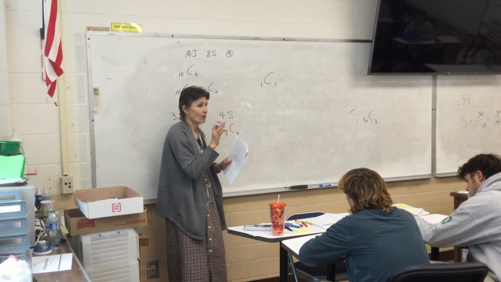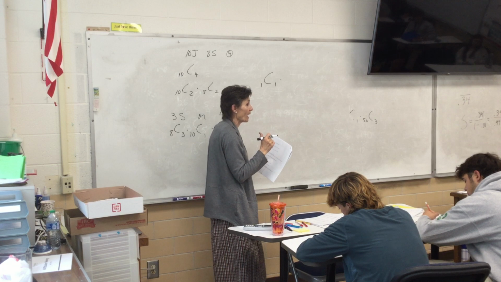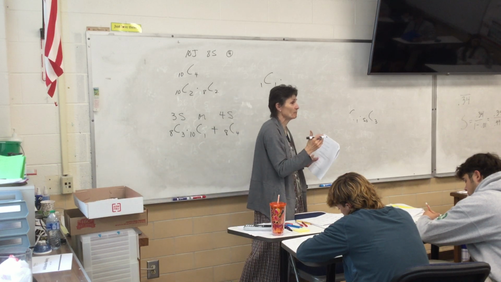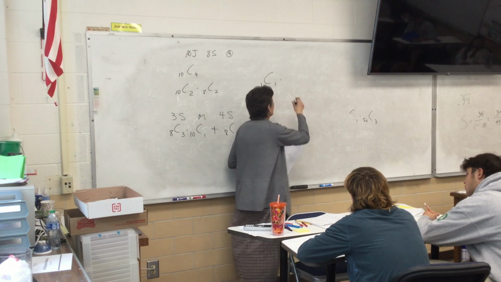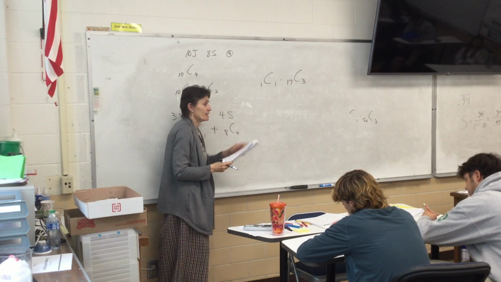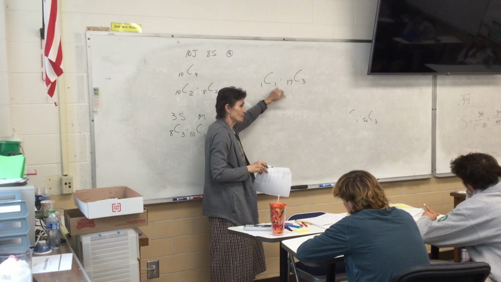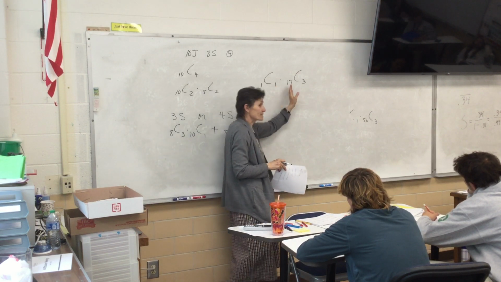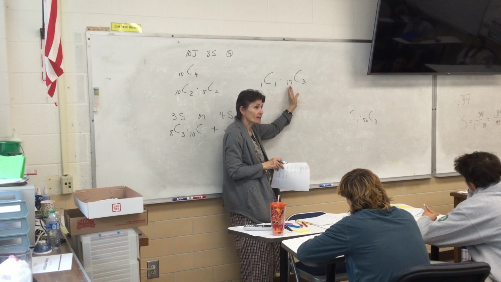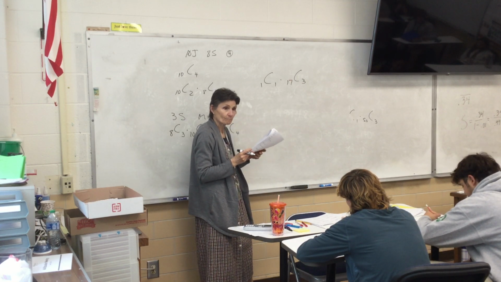Do I care what they are? No. How many people are left if I pull Tommy out? I don't care if he's a junior or a senior. 17. Here's Tommy. There's 1 Tommy, and I picked him. Now, there's 17 people left, and I'm going to pick any 3 of them. Right?